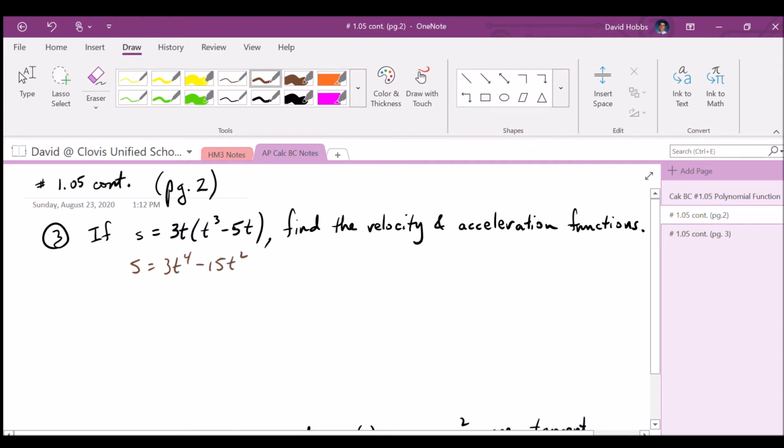Okay, so velocity. Let me get a different color going here. By the way, position is a function of time, so I'm going to do the derivative with respect to time.